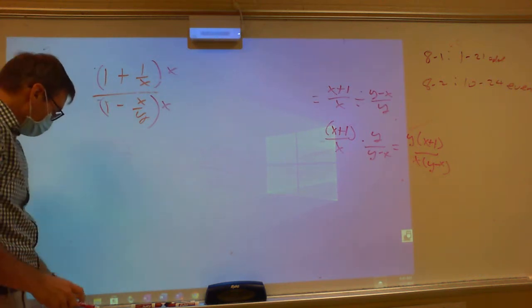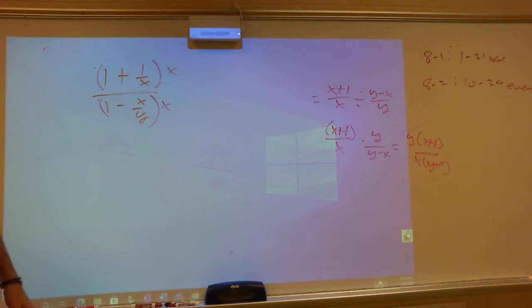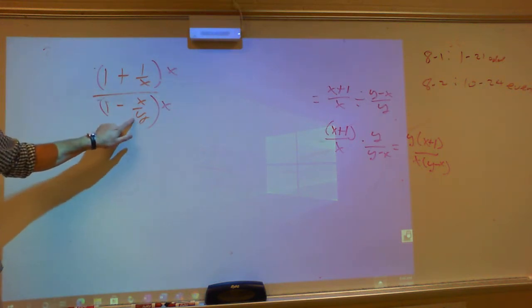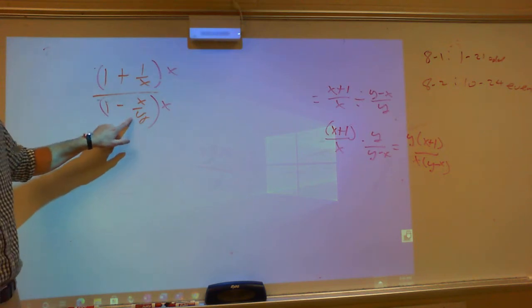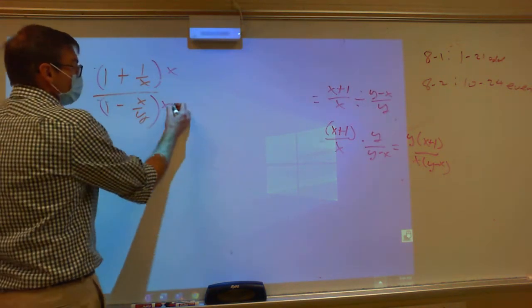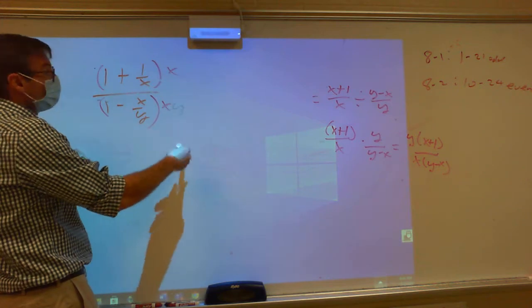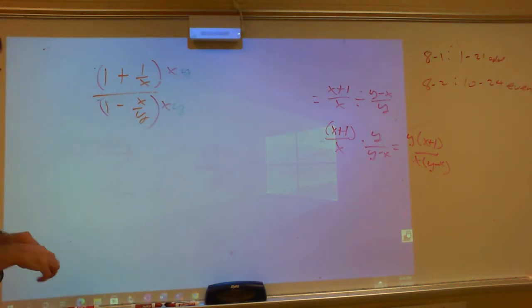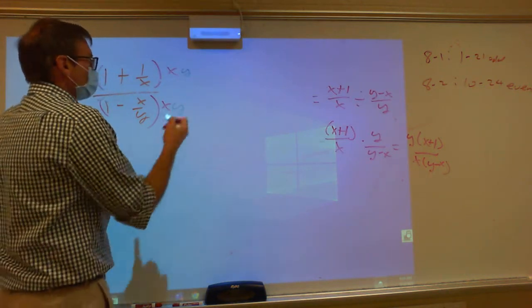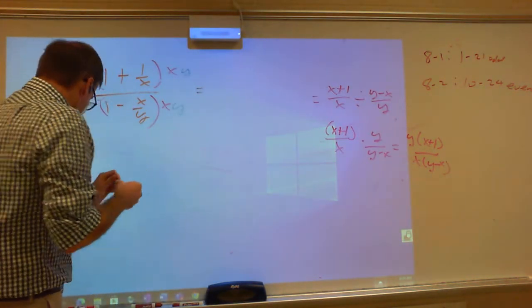While I'm looking at this, I also notice I don't like that denominator. So to get rid of the y in the bottom, guess what I need to multiply by? Y. So I'm going to multiply by y. But the catch is, whatever you do to the bottom, you've got to do to the top. Now look what happens.